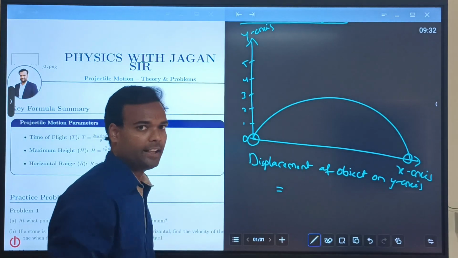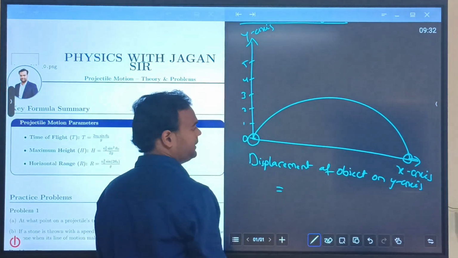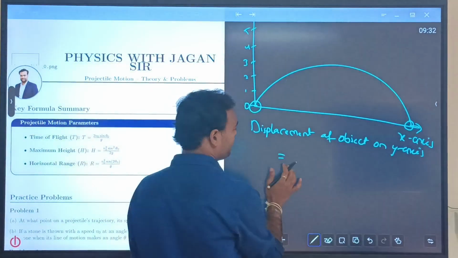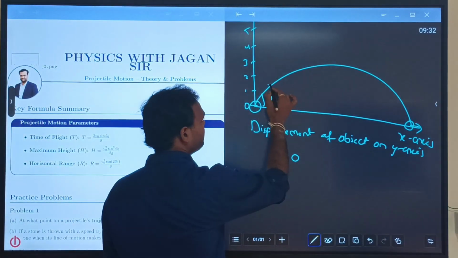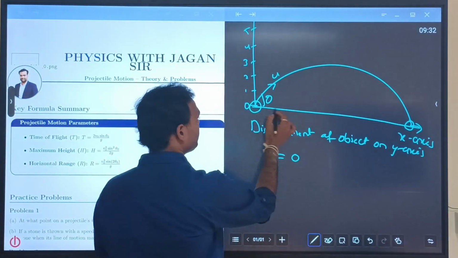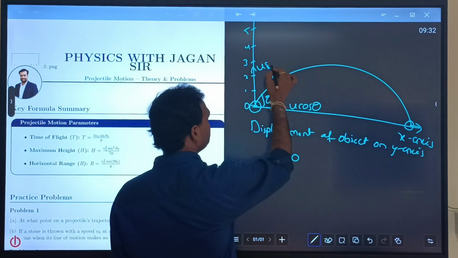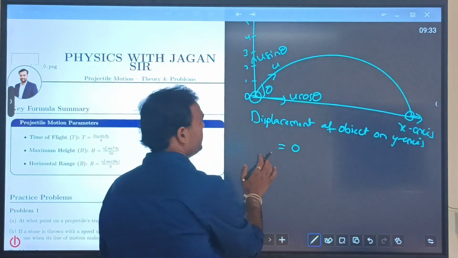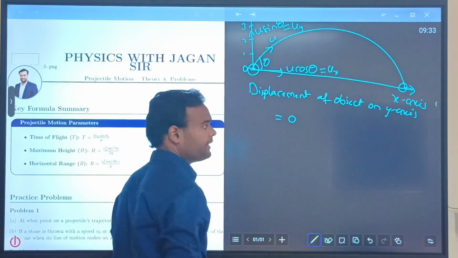Initially it is at 0 on the y-axis and finally it reaches the same y-level again. So the displacement of the object on the y-axis is 0. Now this is making an angle theta. Let us assume the initial velocity is u. This u will have two components, u cos theta and u sin theta, right? Now this will be ux, and this will be uy, the initial velocity on the y-axis.